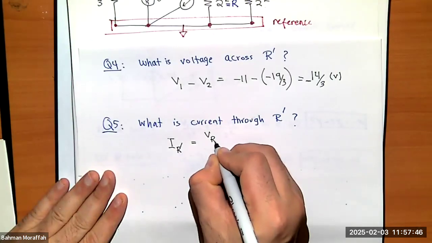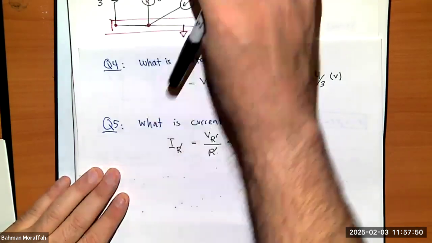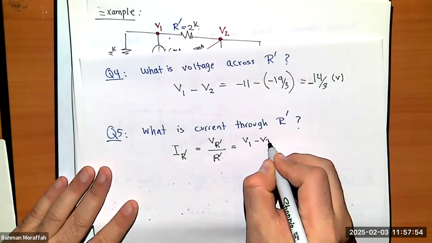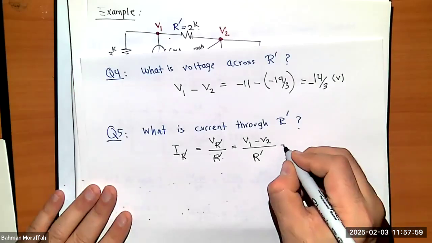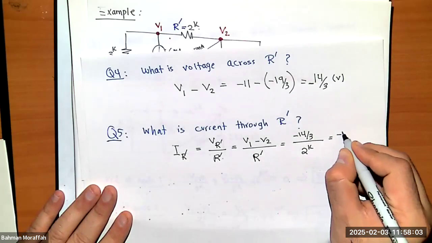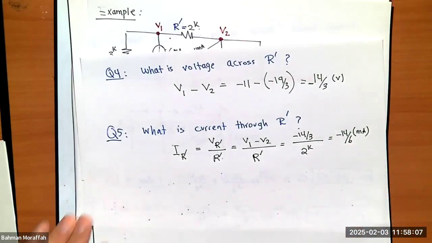We know it's V R prime divided by R prime. V R prime is this minus this, so it's V1 minus V2 divided by R prime, which is minus 14 over 3 divided by 2K, which is minus 14 over 6 milliamps. Right?